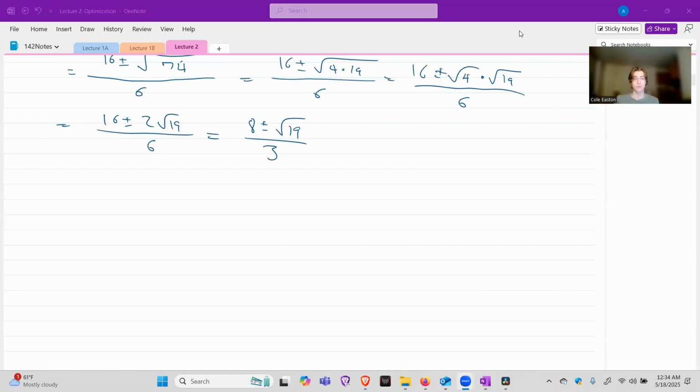In practice, what you would have to do here, if you didn't have access to graphing software, is plug 8 plus root 19 over 3 and 8 minus root 19 over 3 into your original equation for volume and find which one gives you the maximum value. Another approach would be to take the second derivative, plug each of those roots into it, and find the one where the second derivative is negative.